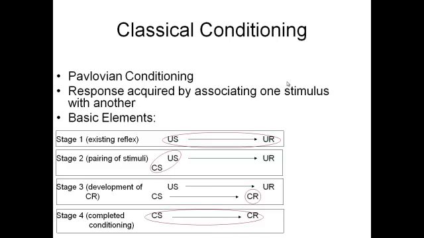So let's start with classical conditioning. It starts with Pavlov's classic study, where he was measuring the salivation of dogs. He was actually a physiologist. He was not a psychologist.